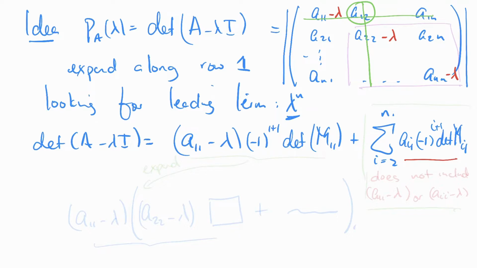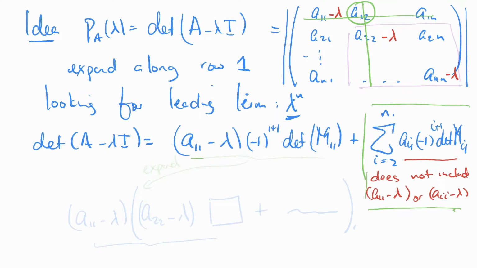So this means that for all of these, similarly, they will not include A11 minus lambda, because it's in the row, or A_ii minus lambda, because it's in that column. Okay, so if we are in search of the lambda to the n term, we should not look here.